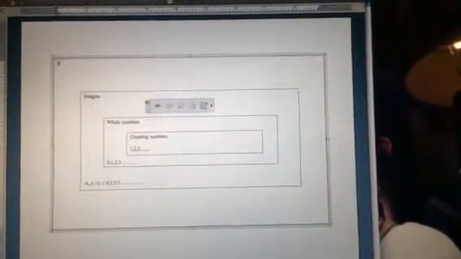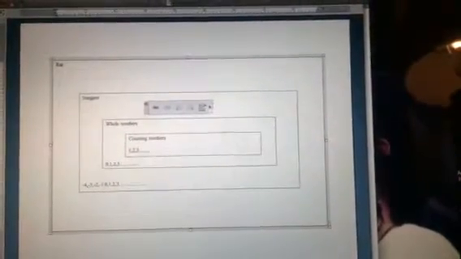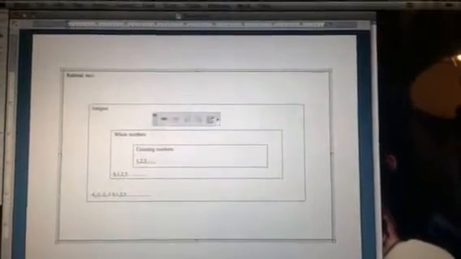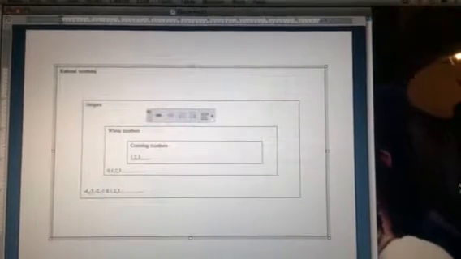So this last box out here, that's going to be our rational number box. Okay, the rational numbers. Rational numbers. Okay.